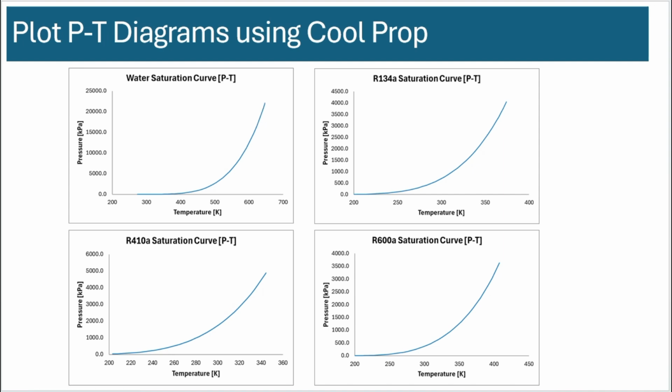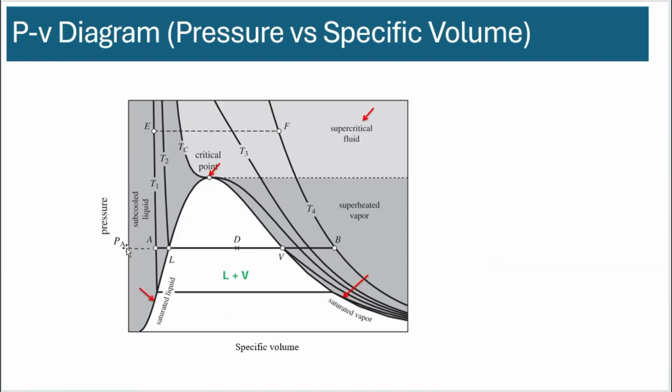But if we look at the same curve between pressure and specific volume, it will look something like this. For the same conditions, PT looks like that, PV looks something like this. This line represents the same line here.